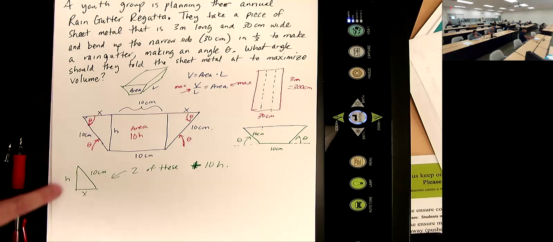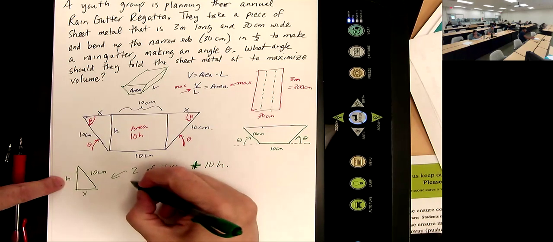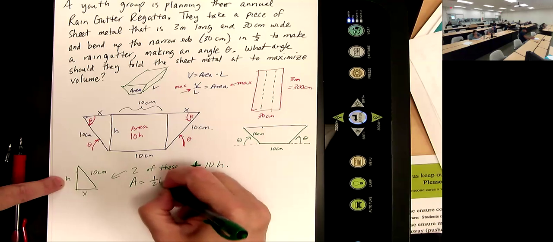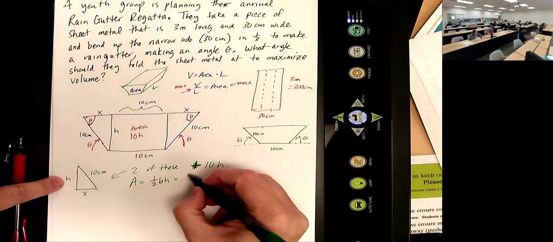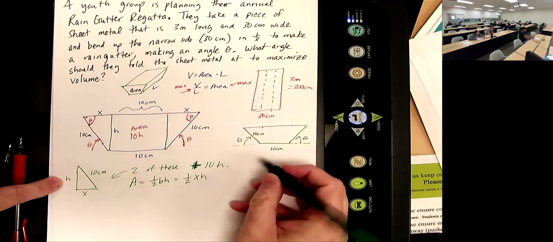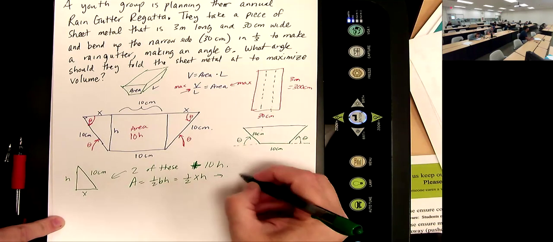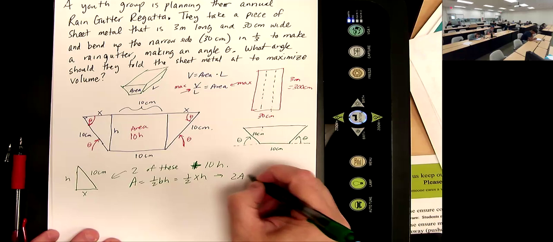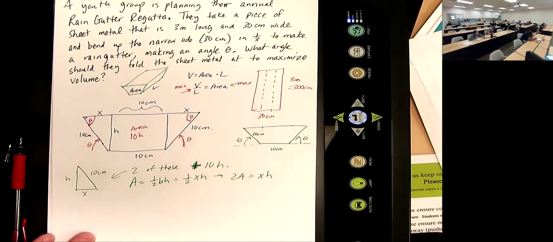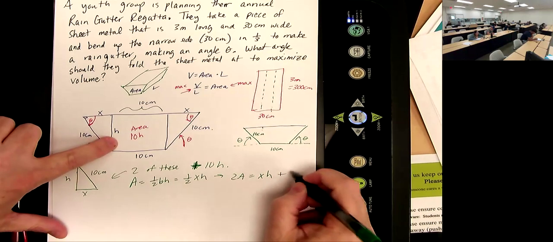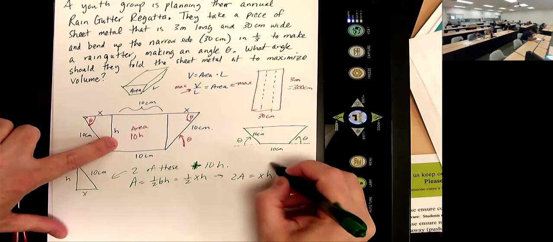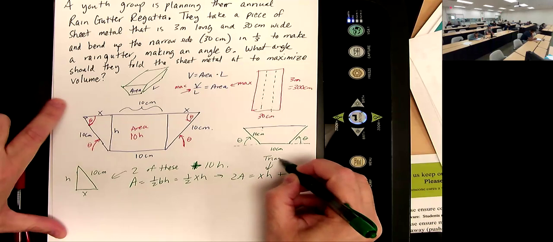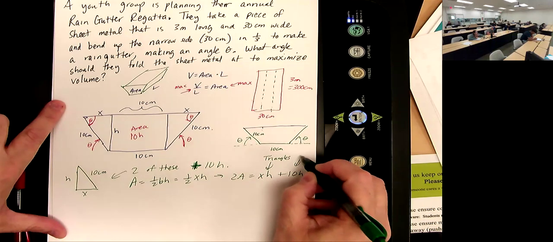So the area of the triangle is 1/2 base times height, which is 1/2 X times H. But there's two of them, so two areas is just XH. And to that, we're adding 10H from the rectangle. These are our triangles, this is our rectangle.